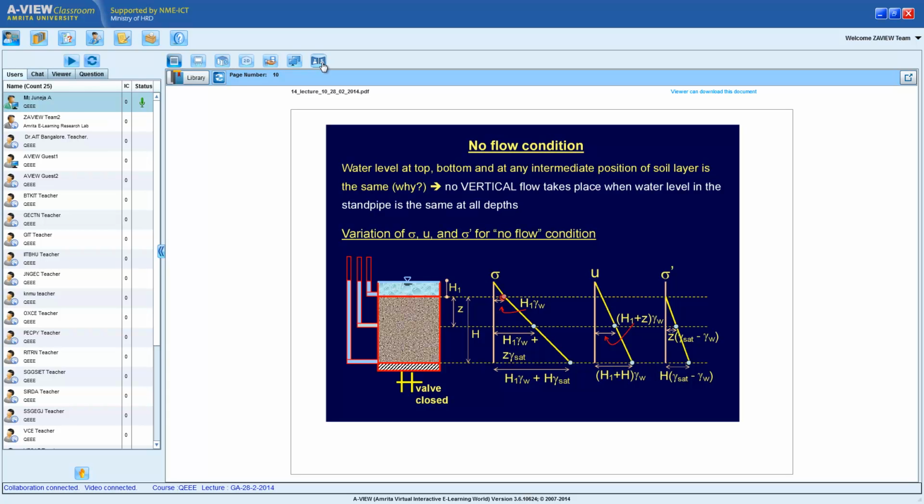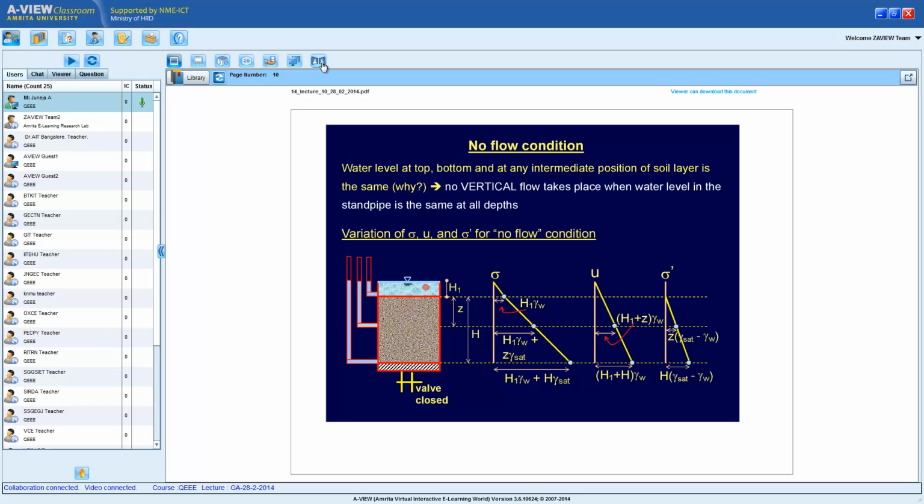What is the total stress at this level? It is the weight of this water, which is H1 times the unit weight of water gamma W. That's the first one. What if I have to find out the total stress at this level, shown by the broken line, and at a depth of Z? Let's visualize this. It's a total overburden at this level.